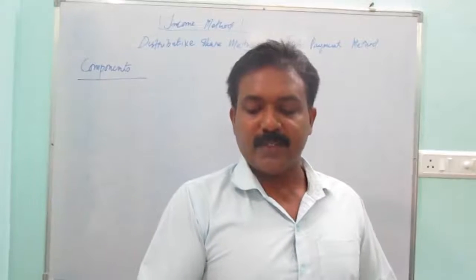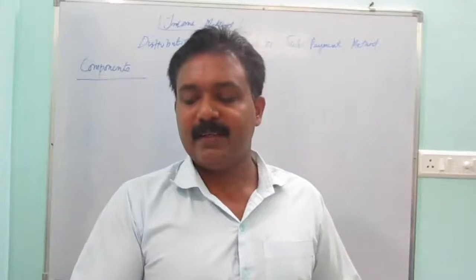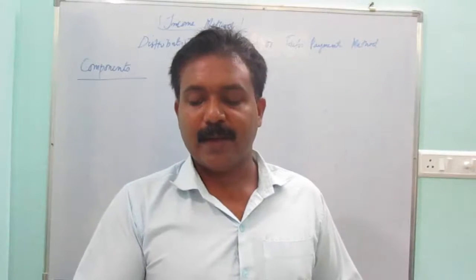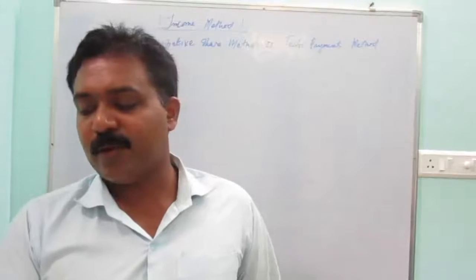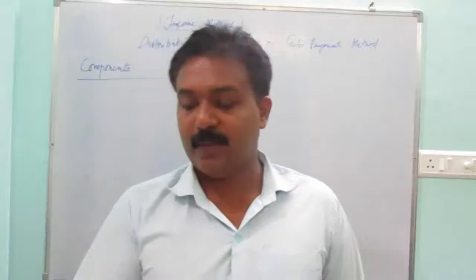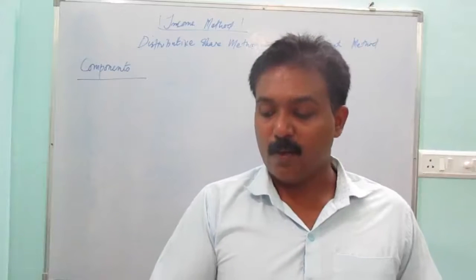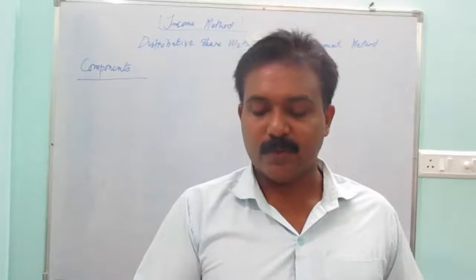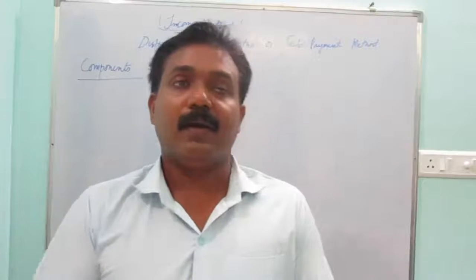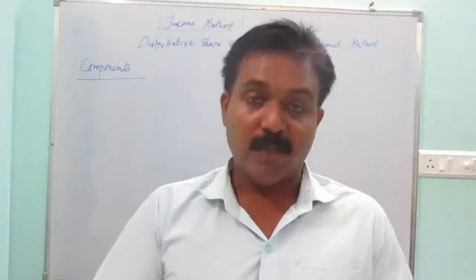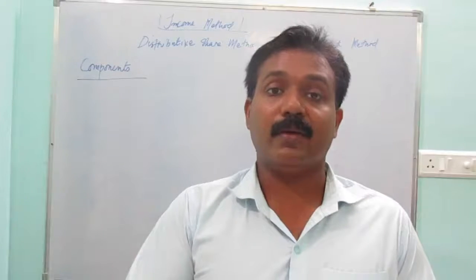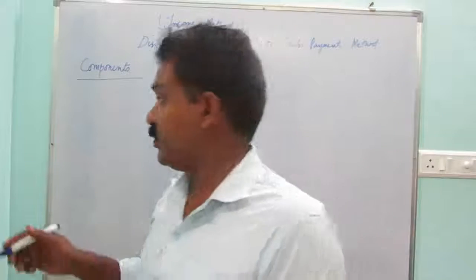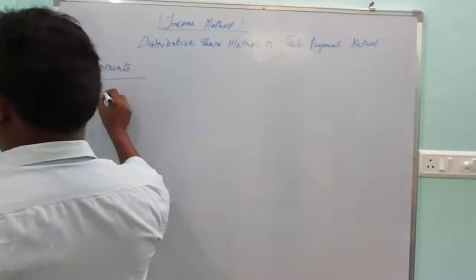The System of National Accounts, SNA 1993, a joint publication of the United Nations and World Bank, has elaborated the following components of the income method. These components are necessary for calculating national income using the income method. First one is compensation.